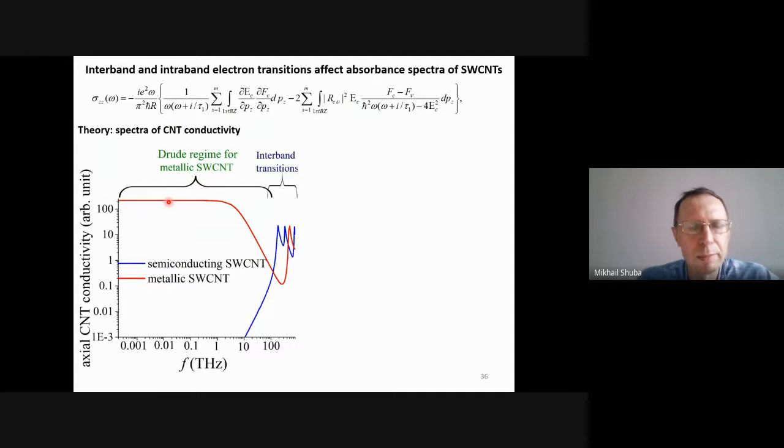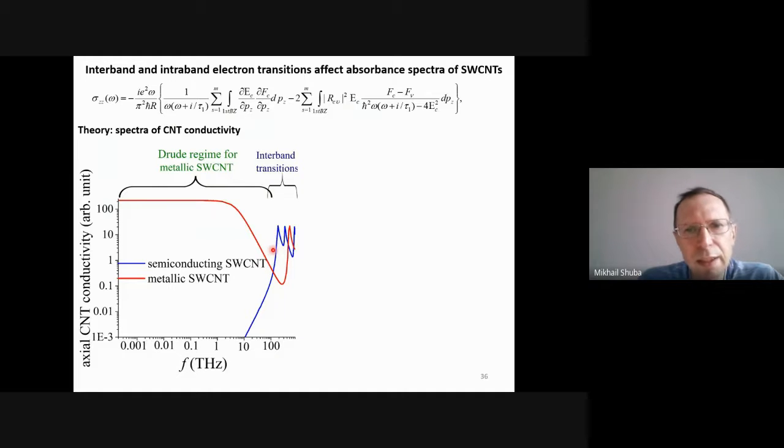And here is the spectrum of the carbon nanotube conductivity in a very wide range, and this spectrum can be divided into two parts. The low frequency part, from radio frequency up to the middle infrared range, there is a Drude regime of the conductivity for metallic nanotubes.